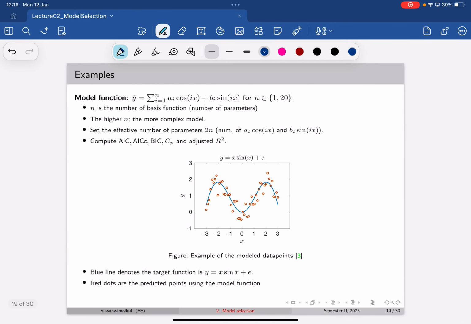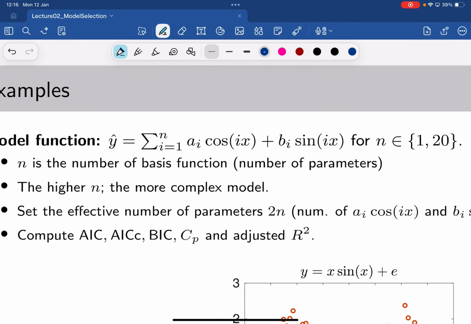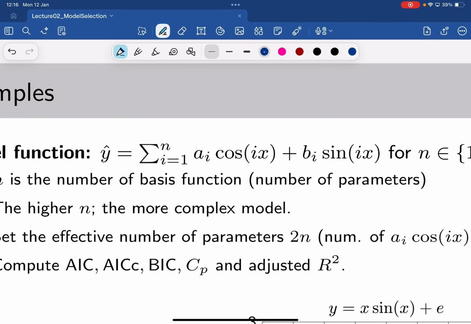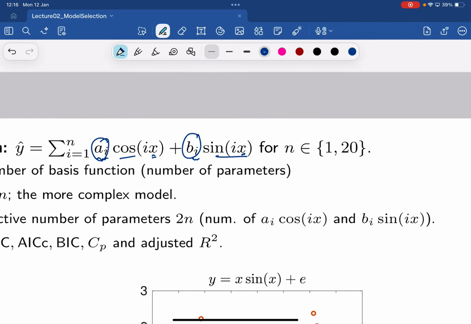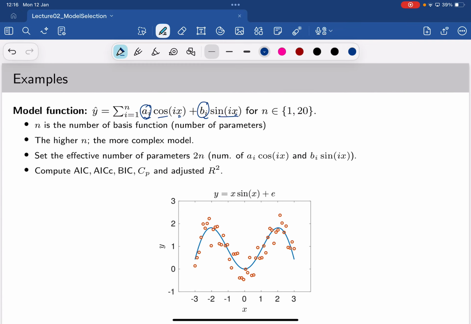And in fact, let's just look at this example first. It's the example where we try to do data fitting with parameters A, B and a cosine function, and we have X as our input data.